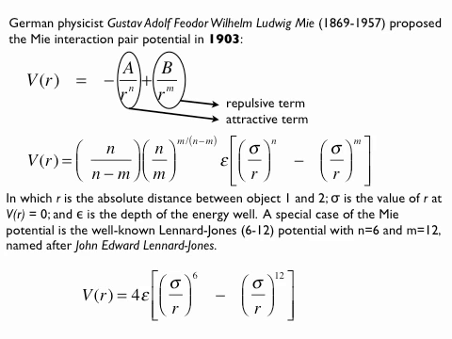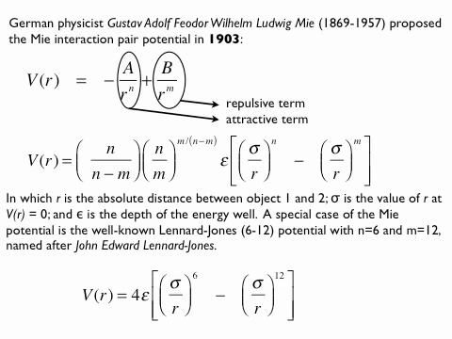Repulsion is defined as positive. So it says minus, and it's a power law expression. It's A divided by the distance between these objects to the power n, as an attractive term, and then B is a repulsive term, so it's plus B divided by r to the power m.